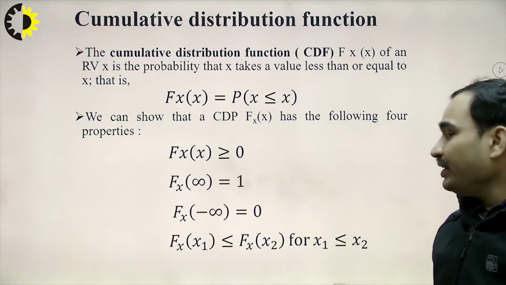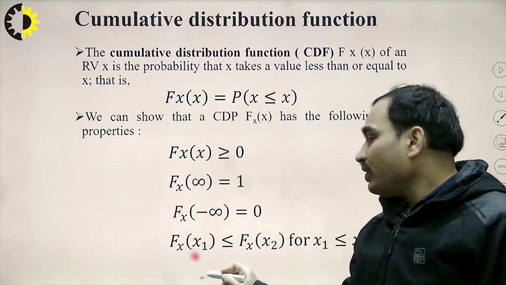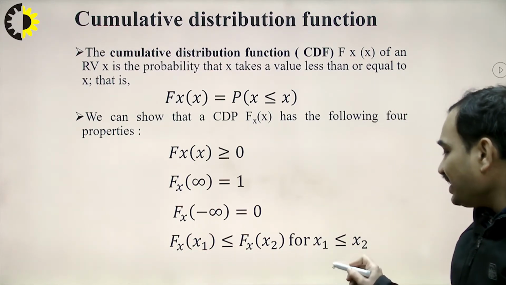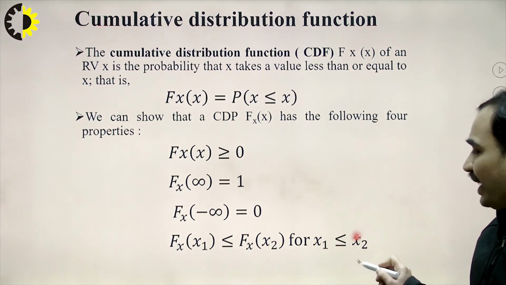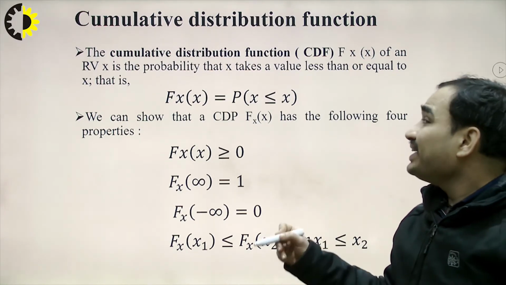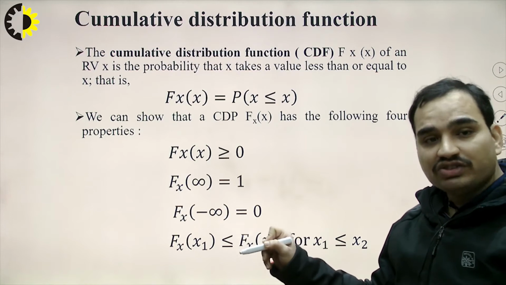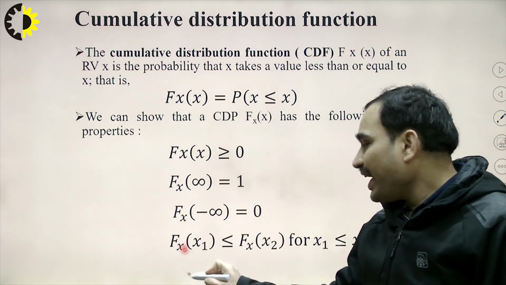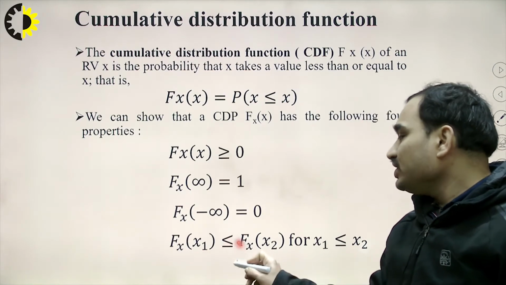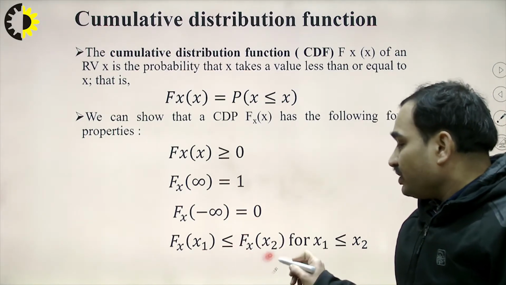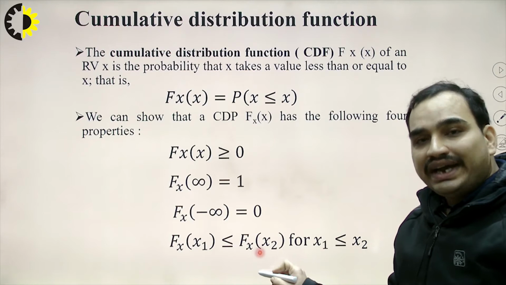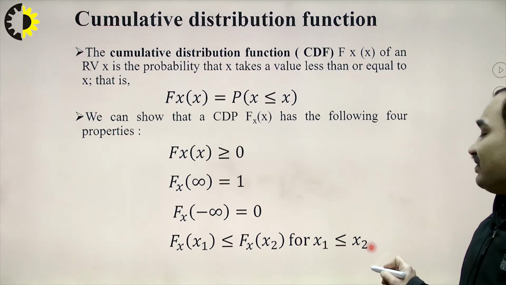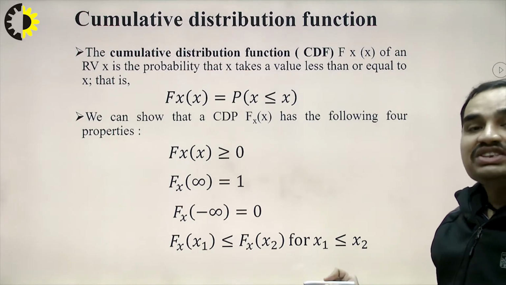If we consider a random variable for values x1 and x2, where x1 is less than or equal to x2, then we can write that the cumulative distribution function at x1 is less than or equal to the cumulative distribution function at x2, for the condition that x1 is less than or equal to x2.